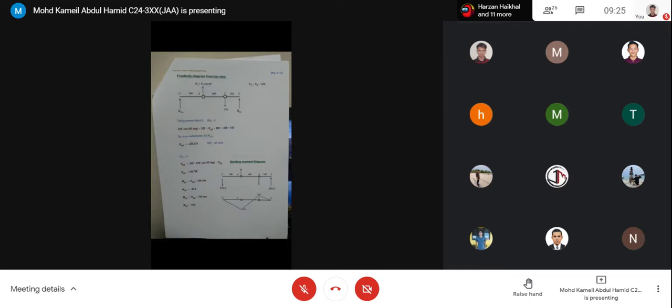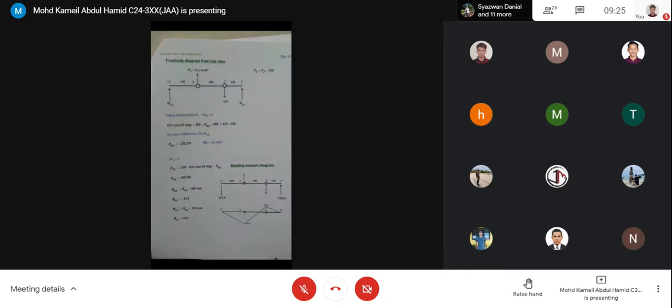Ustaz Hassan okey tak? Okay, so top view is P1 plus P2 cos 45. Okay, so tengok dia punya equation tu baik-baik. So you have your 616 cos, okay, P1 plus P2 is 616 cos 45 times 550.